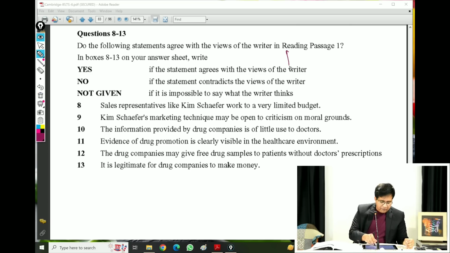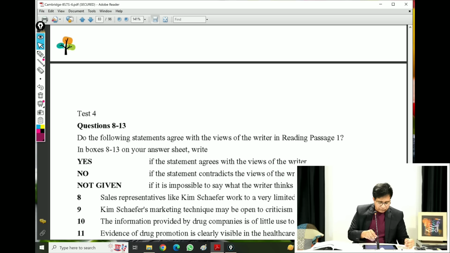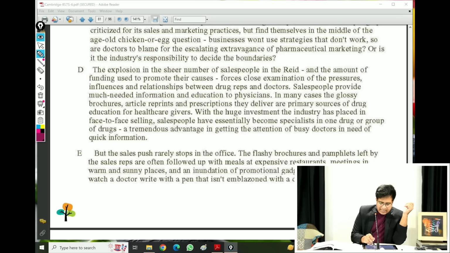Well done. Paragraph D. We go to paragraph D and then we go to the third line. Okay, no problem. Let's go on. All right. Now please follow me. Paragraph D for doctor, and we will go through this third line. They say salespeople. Now, these salespeople are medical reps. We call them medical reps. Salespeople provide much needed information and education to physicians.